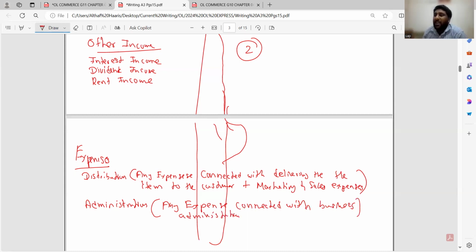Like HR, finance, or procurement, all the salaries given to them. Office staff salaries, internet bill of the office, water bill of the office, rent of the office building. All of these come under admin expenses.